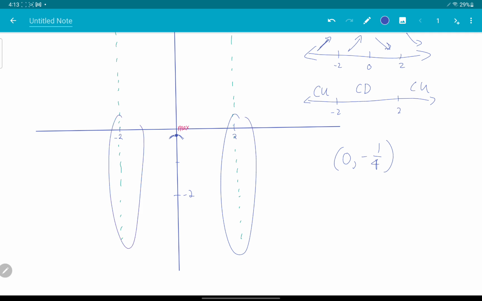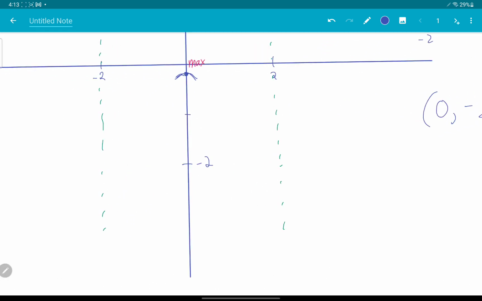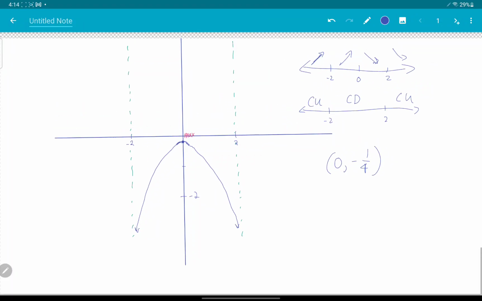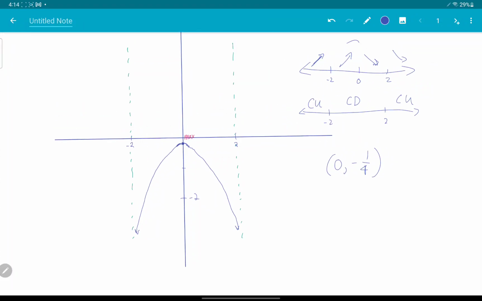And I have asymptotes. So how can that work? Well, there's really only one possibility. It's got to be going like this, approaching my green dotted line. And similarly over here, it's got to be going like that, right? There's no other way for this to satisfy that arrow there and that arrow there. Okay, it should be concave down between -2 and 2, but that's the way I've drawn it here, right? The cup is facing down.